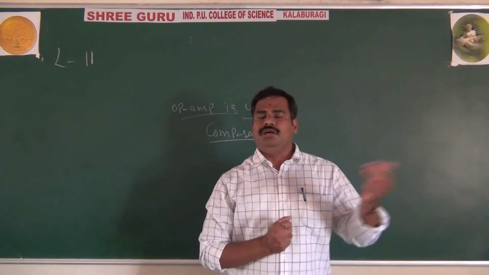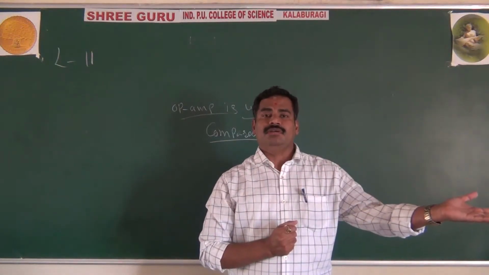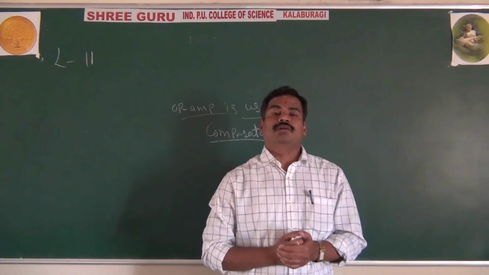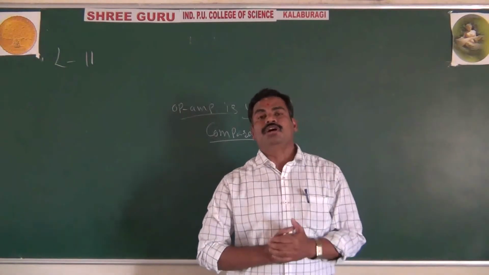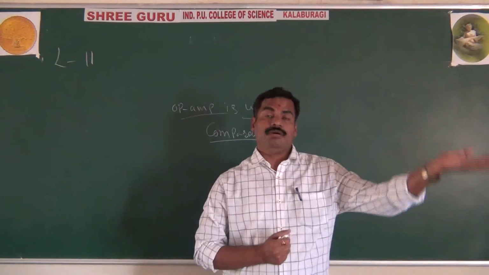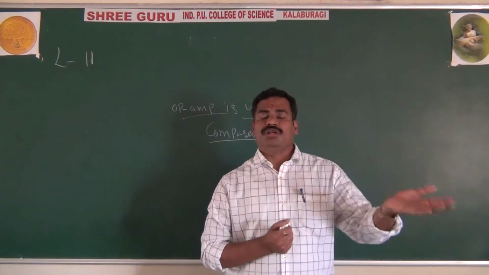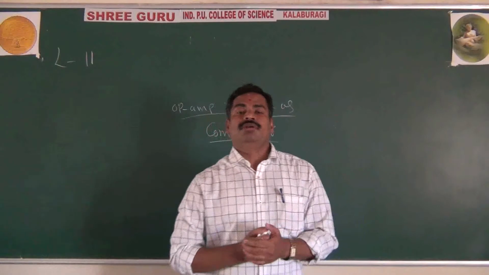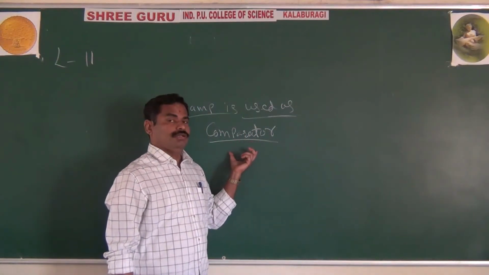Actually, the op amp can be used to construct linear applications and non-linear applications. Especially the comparator comes under non-linear applications. By using op amp, you can construct the comparator, or the op amp can be used as a comparator. And what is a comparator? What is the main function of a comparator? What are the types of comparator? And what is the use of a comparator?